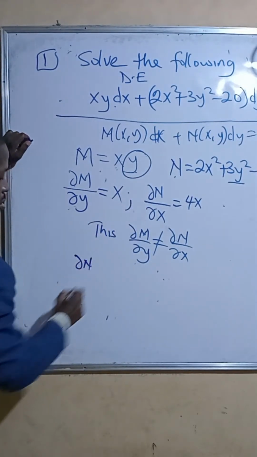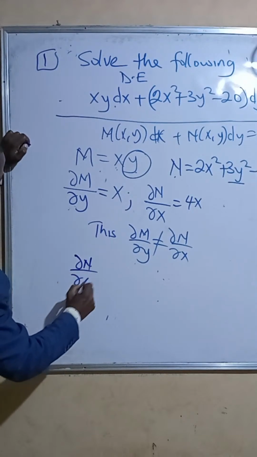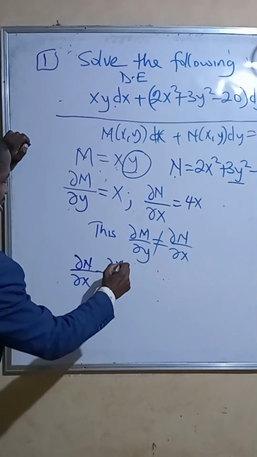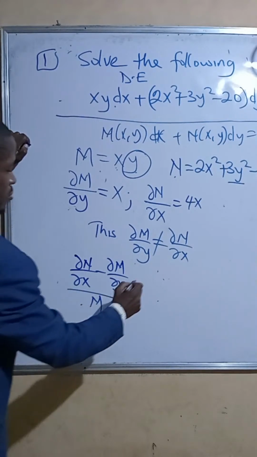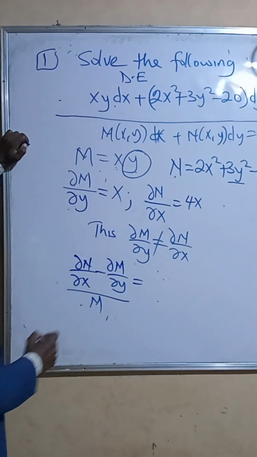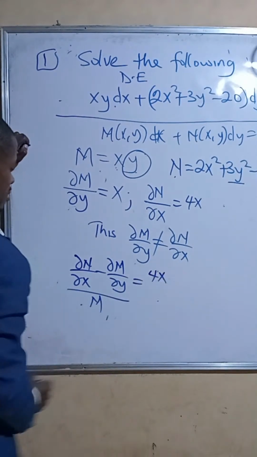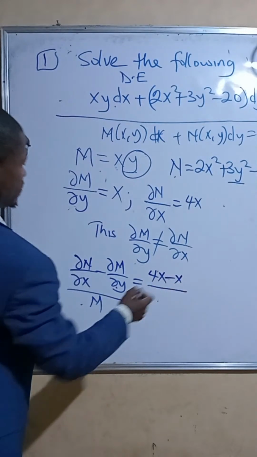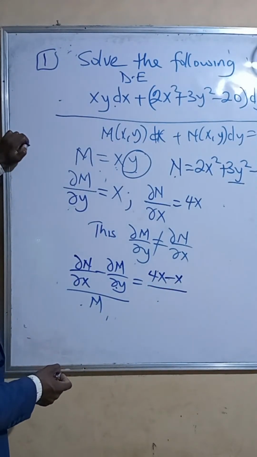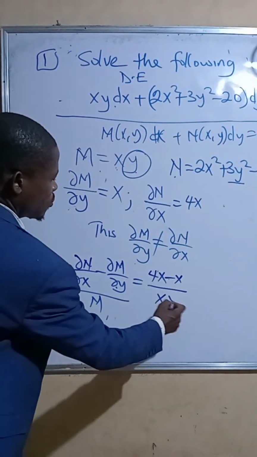This one, partial differential of n with respect to x minus partial differential of m with respect to y over m. So do your substitution. So this is 4x minus this one over my m. My m is what? xy.